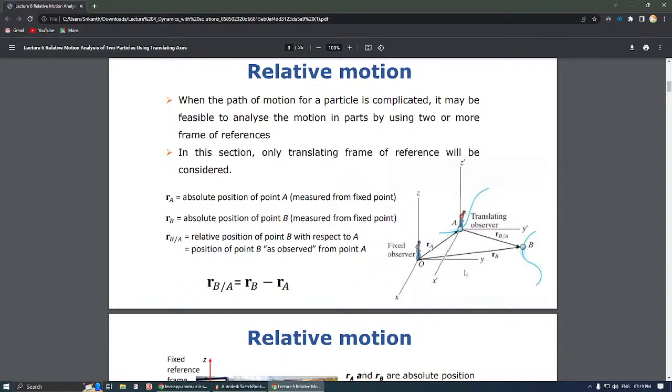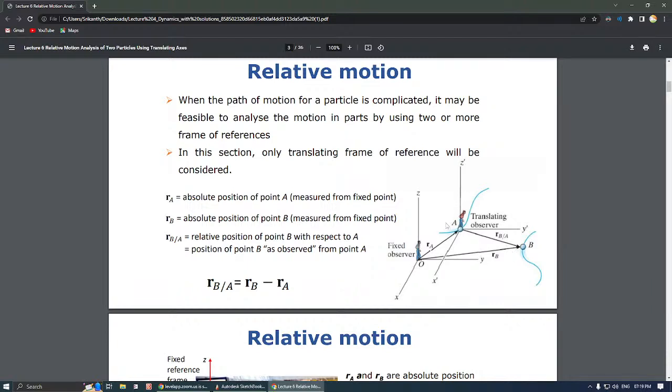RB, so B, again. Here, that's what this line represents, RB. So both RA and RB are starting at the observer, right? That's what is absolute position.